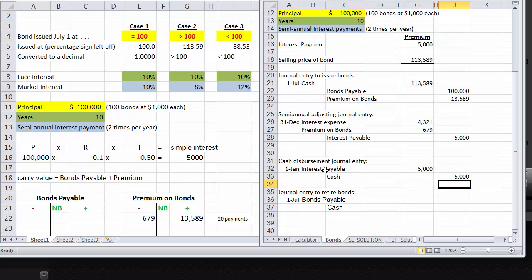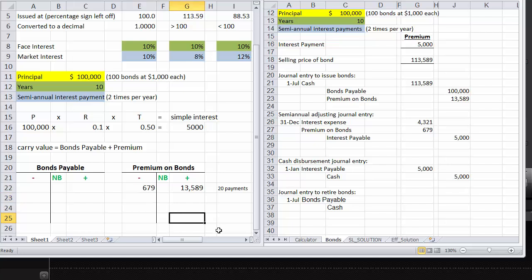Now, keep in mind that every 6 months we will be amortizing $679. So over the course of 10 years, you will have 20 $679 debits to the premium on bonds. So eventually, when we get to the very end, the premium on bonds will be zero. So that means your carrying value will be 100,000, which is the bonds payable, the principal amount, plus the premium of zero.